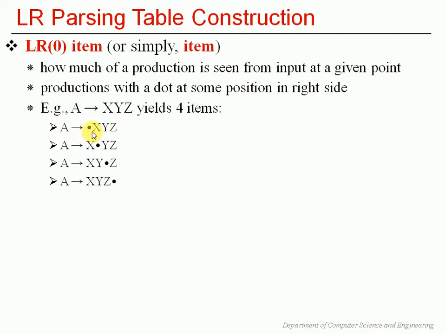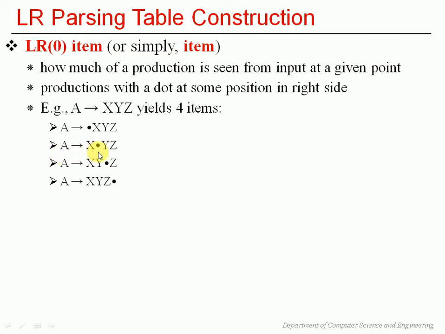Here we are about to see those sequences of terminals which could be derived from A. We are expecting to see those terminals which could be derived from this sequence of symbols X, Y, Z. When you say X, Y and Z, X is a single non-terminal or terminal symbol, and Y is also the same.